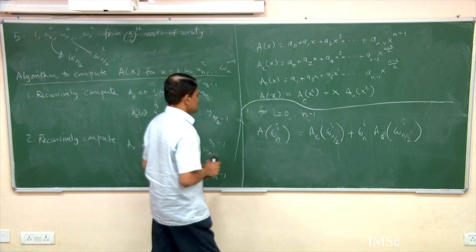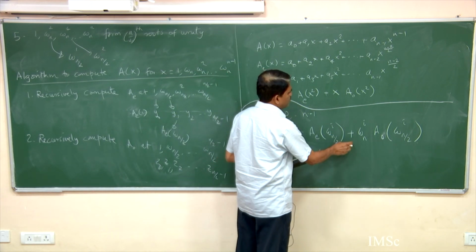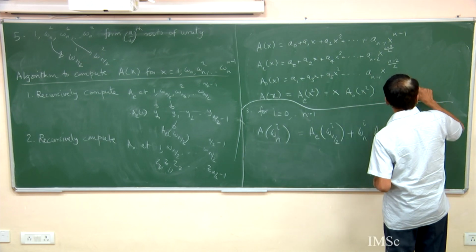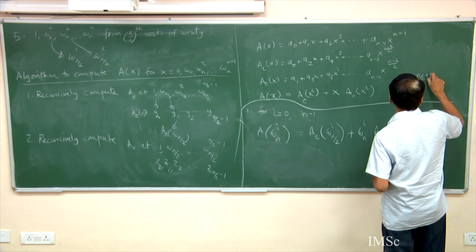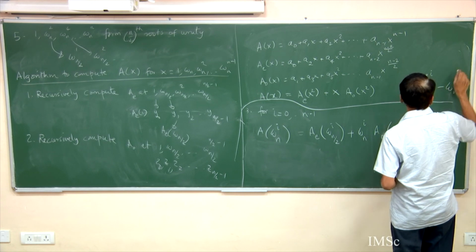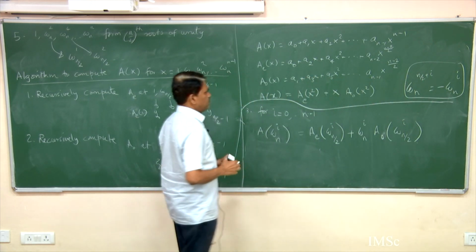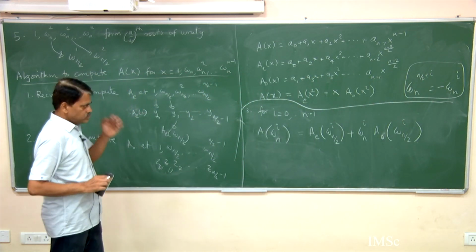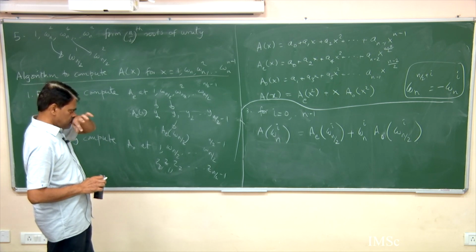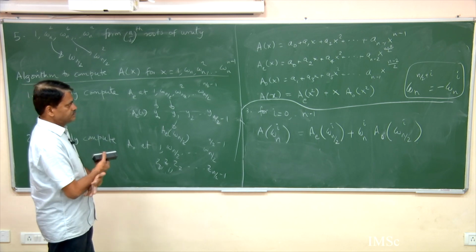So another way to do it is just compute for the first n by 2, it will be this, and for the next n by 2 you will have a minus here because omega n by 2 plus i is the same as minus omega n i. Okay, yeah, I think this is still fine.